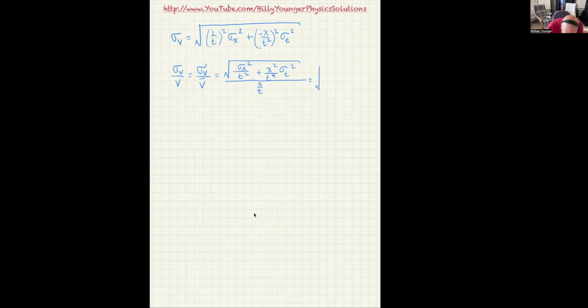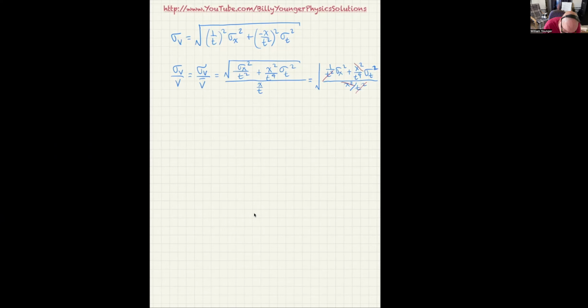So I'd have a big square root of 1 over t squared sigma x squared plus x squared over t to the fourth sigma t squared, and now I'm dividing all of that by x squared over t squared. You can see, for instance, that the t squared here cancels out with the t squared here, and the x squared here cancels out with the x squared here.